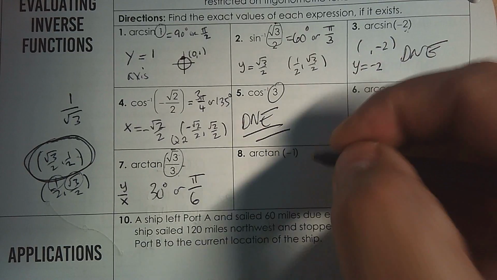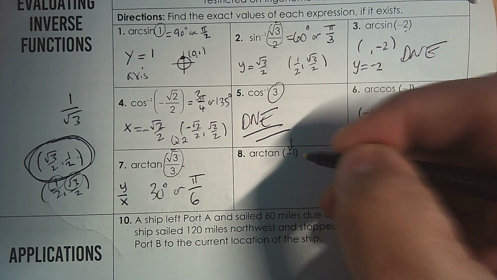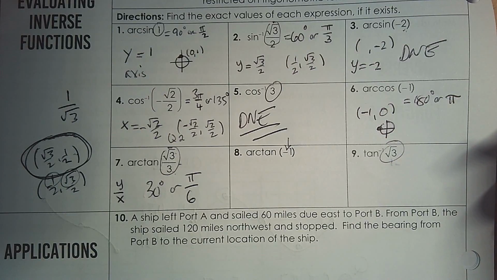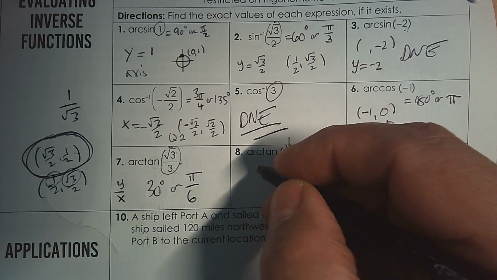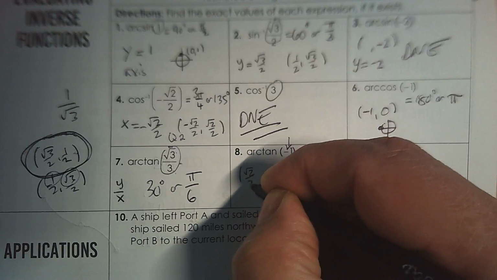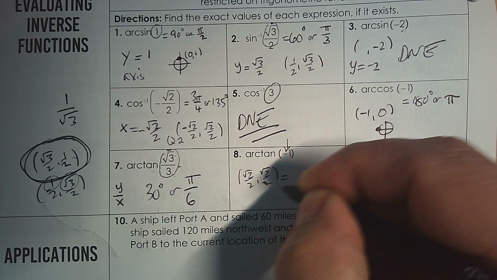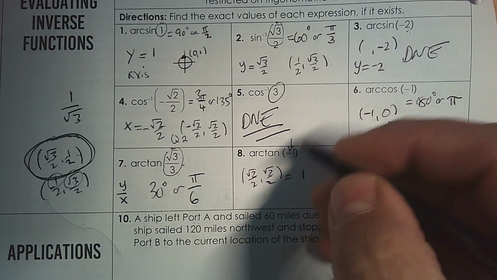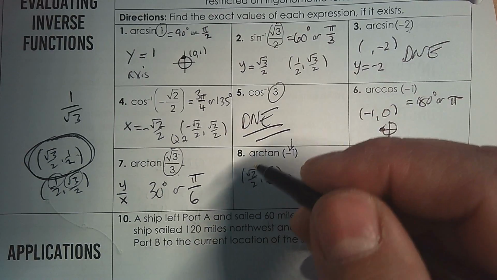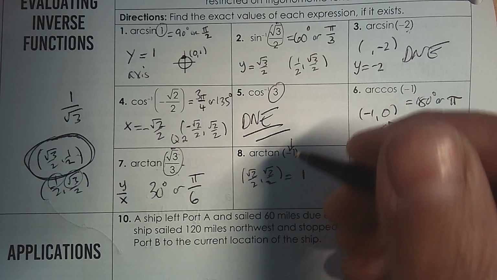Next, -1. Which reference angle gives you the answer 1 or -1? And that's root 2 over 2 and root 2 over 2, right? When I divide it, the answer is 1, but it's negative. That means one number's negative and one number's positive.